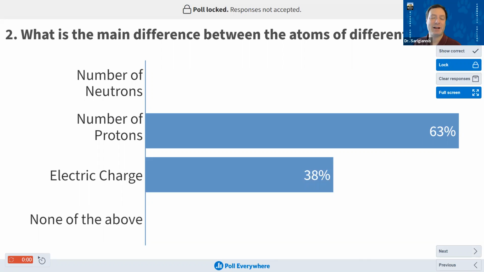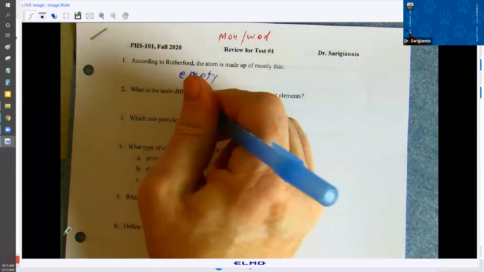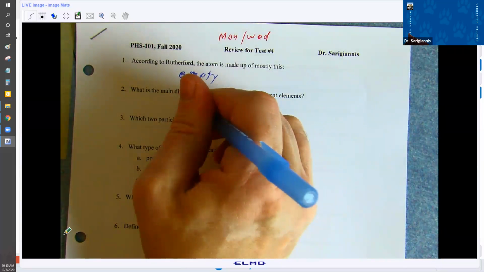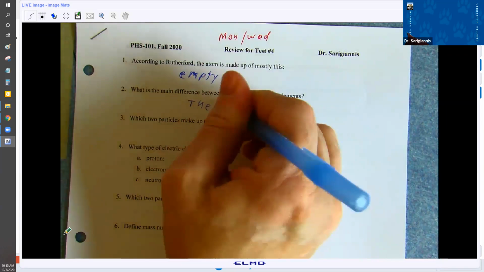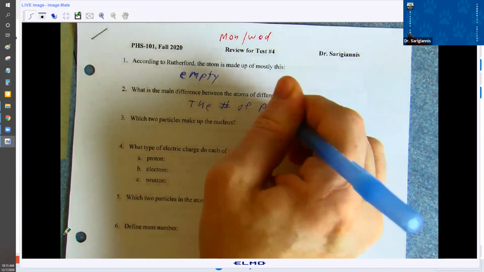Now, number of neutrons can vary, even within a single element. And the electric charge, well, most atoms are neutral, right? And the electric charge is just going to depend on what valence electron it loses or gains. So this is the number of protons.